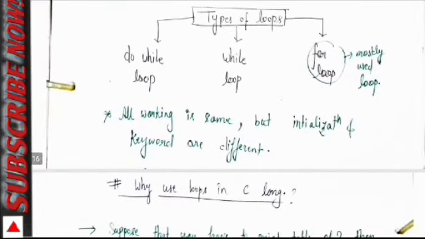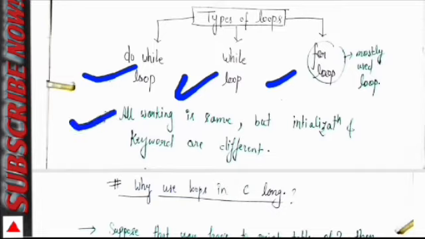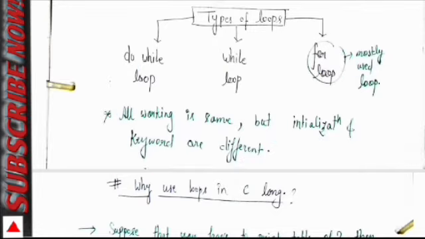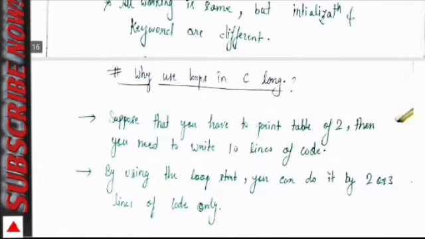Now, what is the difference between these three types of loop statements? Here all the working is the same, but initialization and keyword are different, and the mostly used loop statement is the for loop.